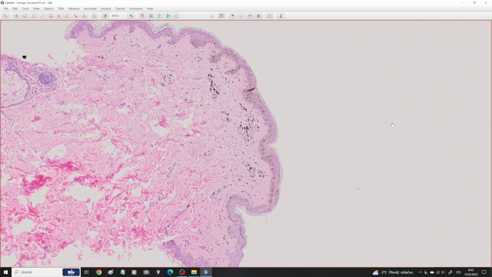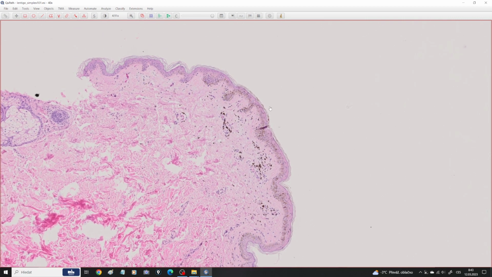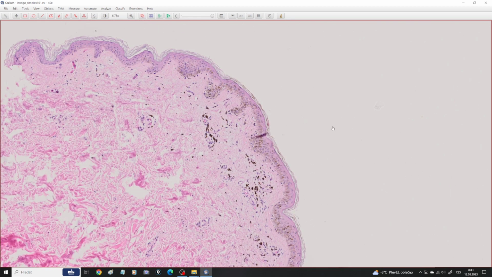So usually you can find it in the head and neck region, on shoulders, for example, or upper back. And what defines lentigo simplex is this. Well, it's definitely not the only histopathological change that you can appreciate. There are some additional changes that we will describe in a minute.